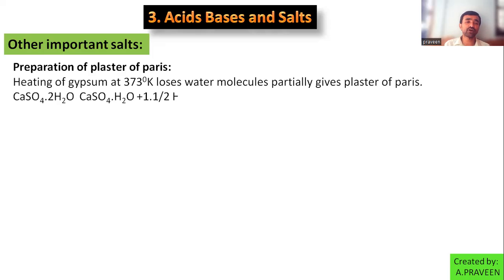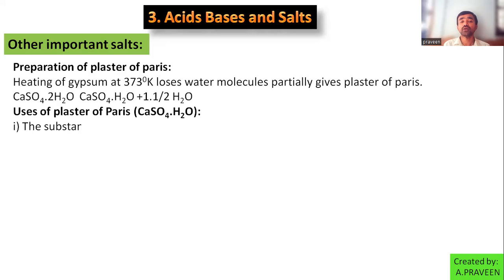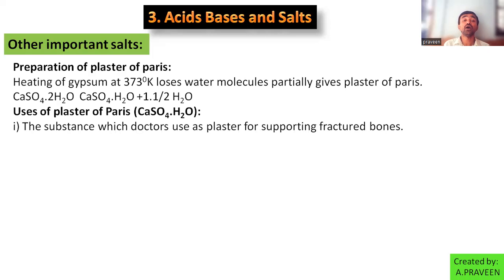The gypsum formula is CaSO4 2H2O, from which 1.5 water molecules are removed. Then it produces a salt with half a water molecule, hemihydrate calcium sulfate. That is called POP.